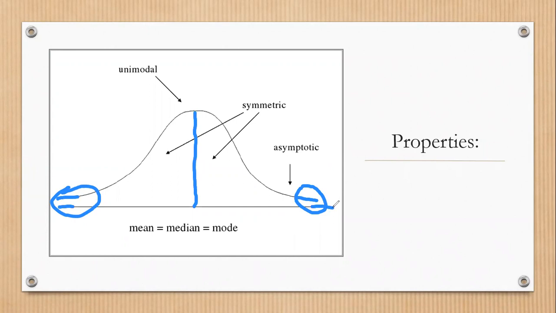Even if you extend it further, it will never touch the x-axis, only approach it. That is what we call asymptotic. So basically, these are the properties of a normal probability distribution. Aside from that, any probability is always equal to 1, meaning the total area of this curve is exactly equal to 1. Okay?